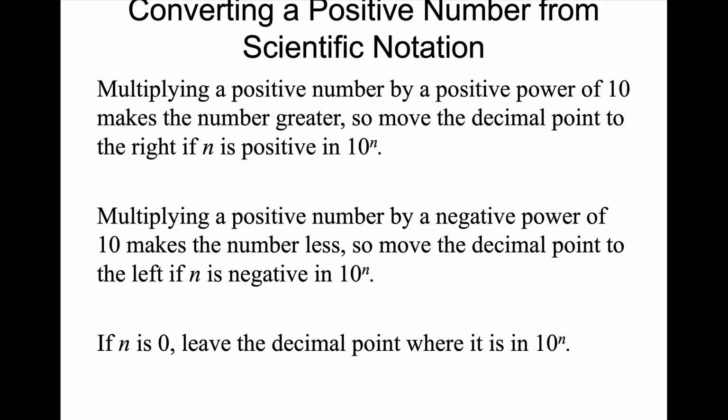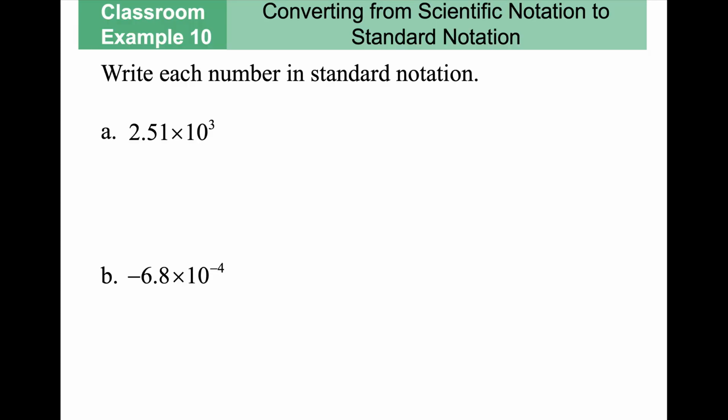Now, if I want to convert numbers from scientific notation back, positive numbers with a positive power of 10 are going to become very large. Negative powers are going to become very small, and if n is 0, the decimal place is left where it is.